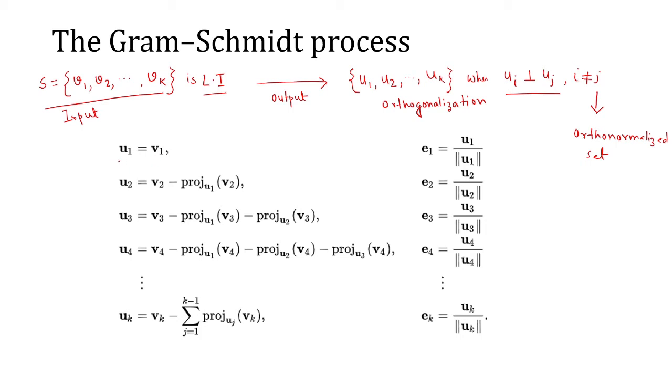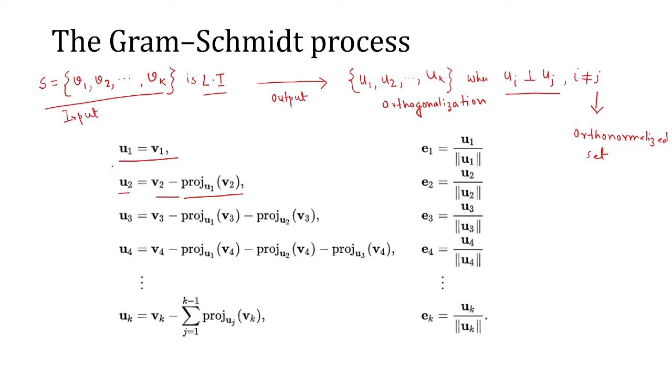First what we do, we'll keep v1 as it is. That is, we'll put u1 equals to v1. No change would be there. In the second step, we'll subtract from v2 the projection of v2 in the direction of u1, and we store it in u2.